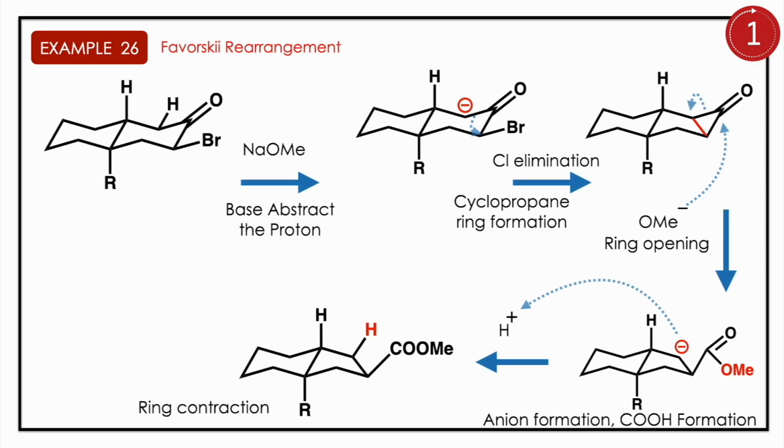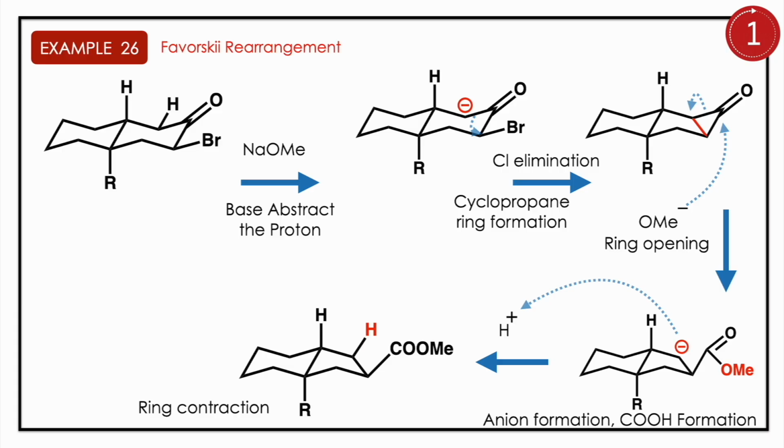Here the system may be different, but we focus on fundamentals. Here you have a ketone, alpha halogen, alpha hydrogen. So it is a Favorskii rearrangement. The base you are using subtracts the acidic proton and you form an anion. The anion is a good nucleophile.